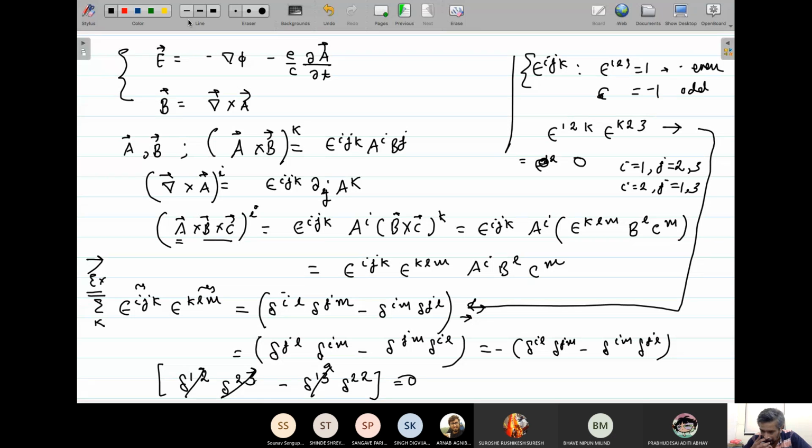For that, in Jackson the problems are not given. You can use a simpler book just for coordinate tensor. You can use Boas, mathematical physics, Mary Boas.